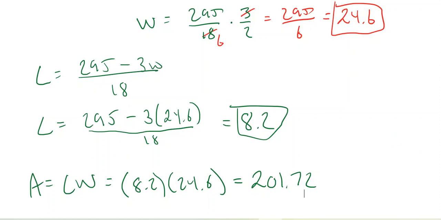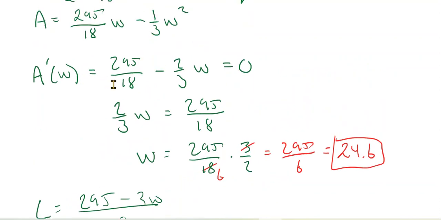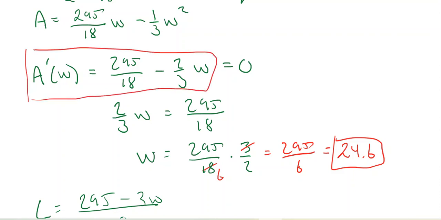And one last thing that we want to do just to make sure that we are maximizing is we want to find our second derivative. I'm going to do that right up here where I've got the first derivative to look at. So real quick, the second derivative test, we take the second derivative.